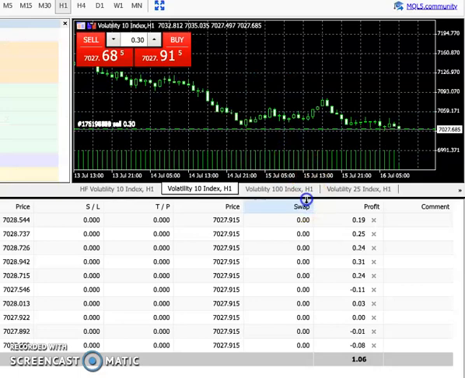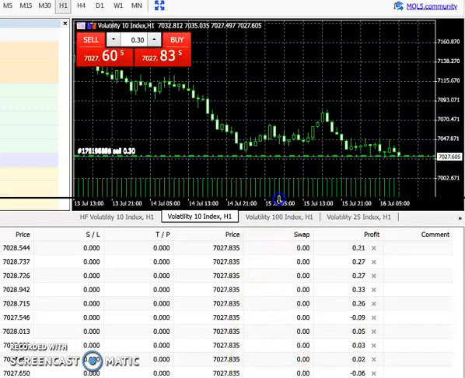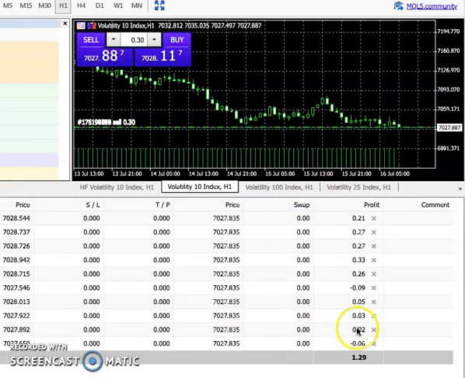Can you see? It's making a sell and it's coming back to where I entered the trade. So basically it hits where I entered. So I'm on profit. It's going back up.